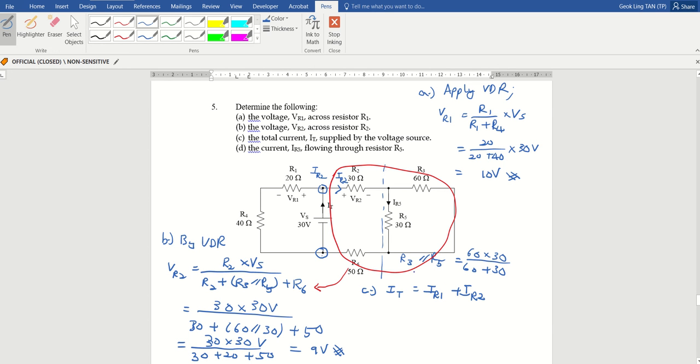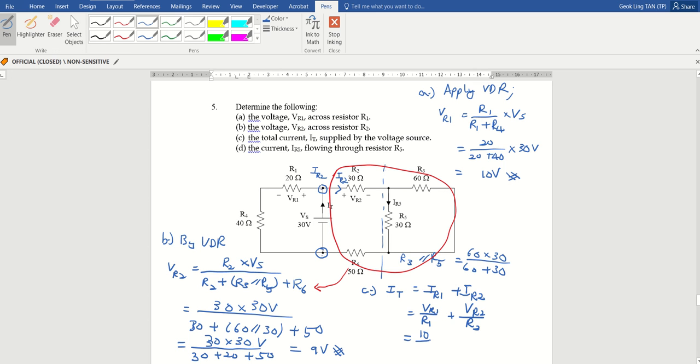So here IR1 is equal to VR1 divided by R1. IR2 is VR2 divided by R2. Always try to make use of whatever values you have computed earlier. See whether you can apply them or not. If you can, use them directly, you don't need to recompute. So VR1 is 10 volts.